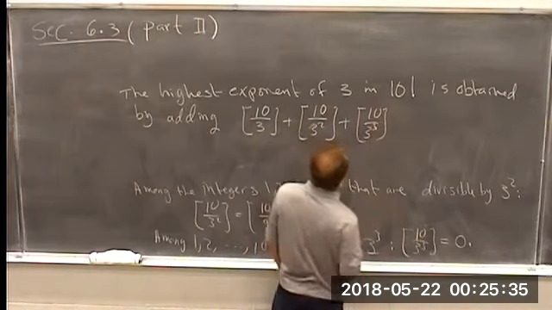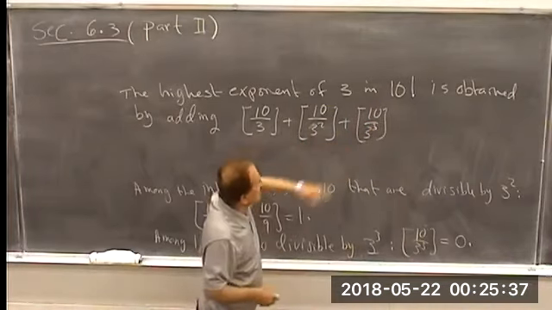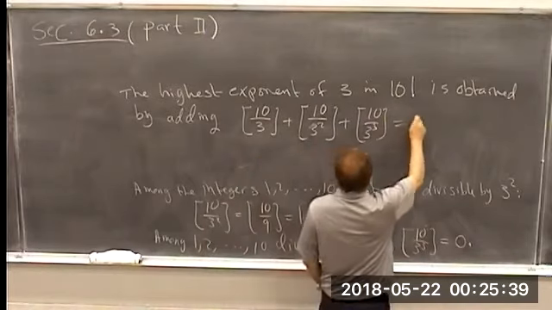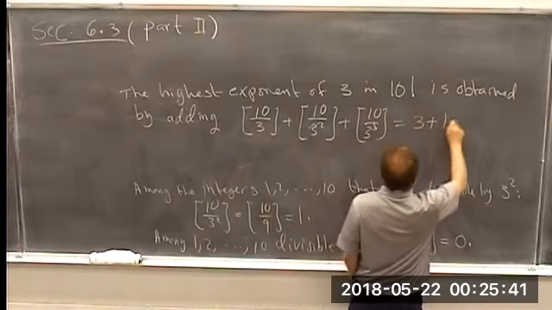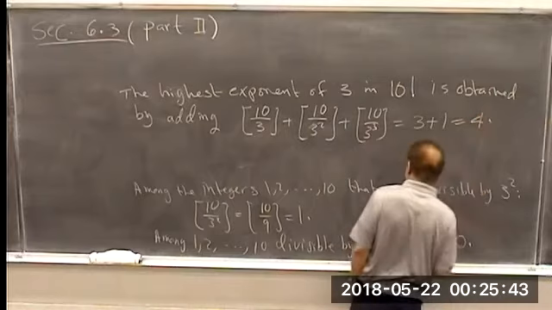Usually we continue until we get to 0, and this is what we get. So we have 3 for the first one, plus 1, and the rest is 0, for a total of 4.